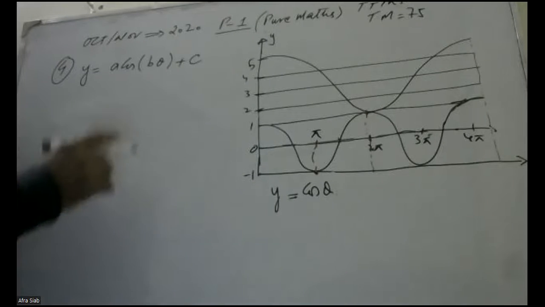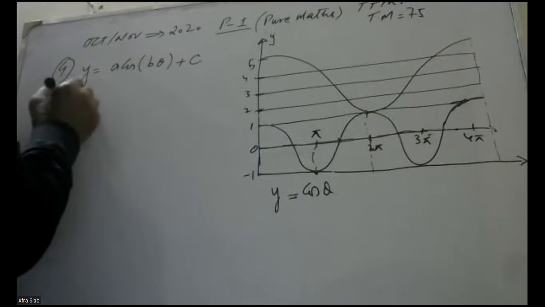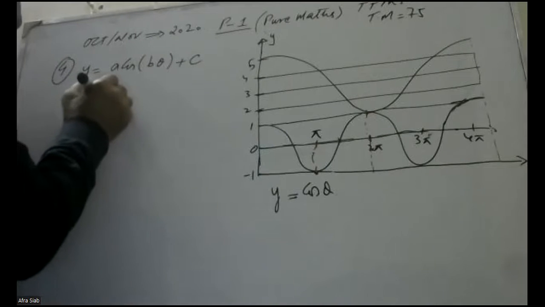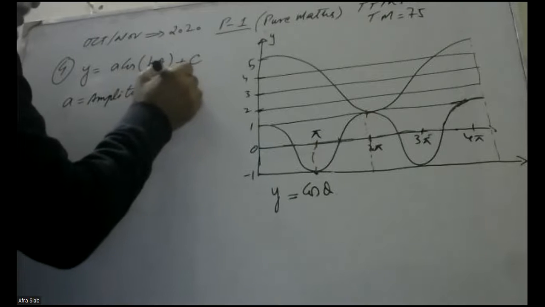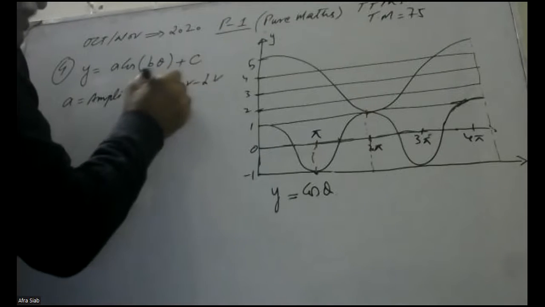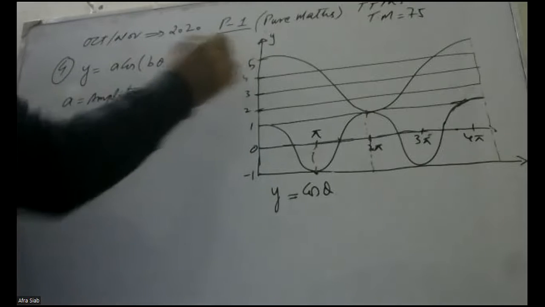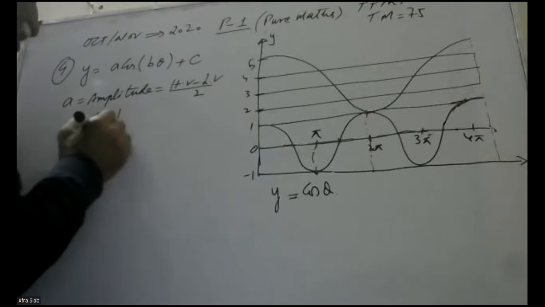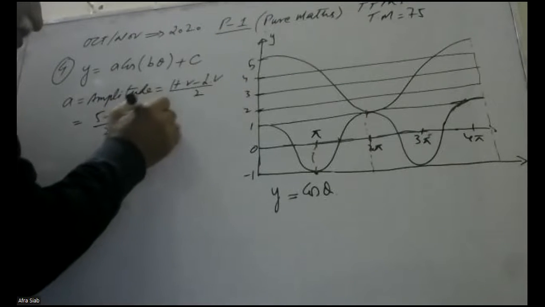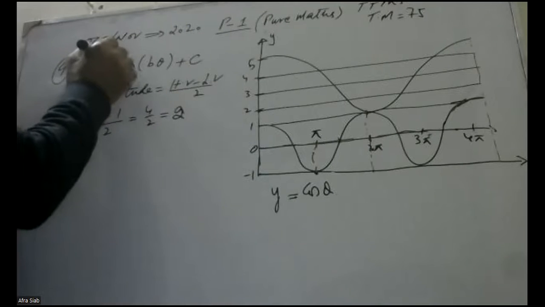Now we have to calculate the value of A, B, C, where A is the amplitude, which is highest value minus lowest value divided by 2. The highest value here is 5, lowest value here is 1 divided by 2. So that is 4 divided by 2, and that is equal to 2. So A value is there, 2 there.